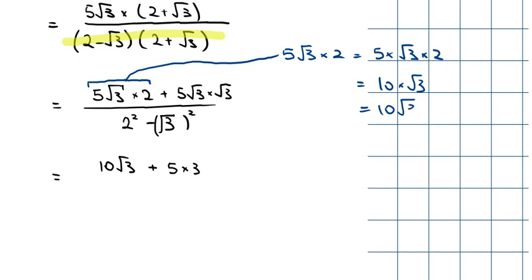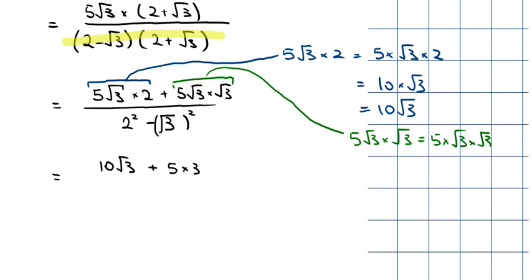So hopefully that made sense. Similarly, I have 5 square root of 3 times square root of 3, which gives me 5 times square root of 3 times square root of 3, which gives me 5 times 3. Okay, let's keep going then.